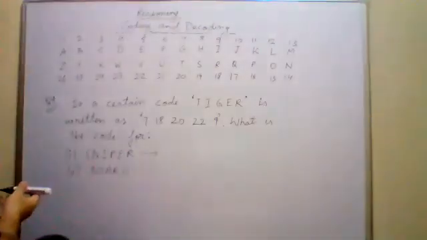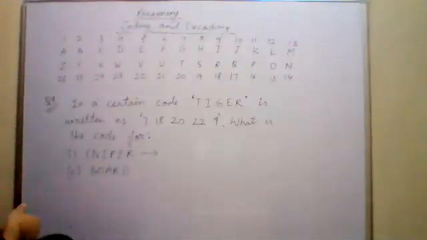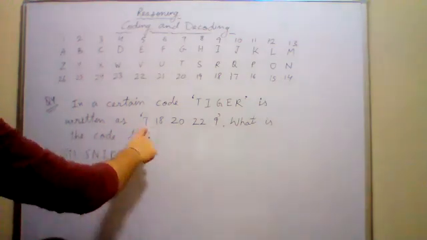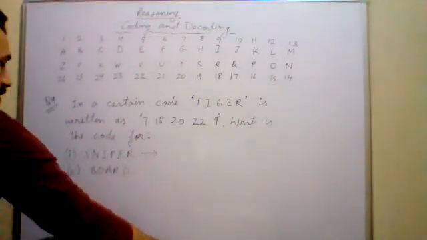Because there is some network problem at your end. Okay, sir. 7, 18, 20, 22, and 9. This is the code for tiger.